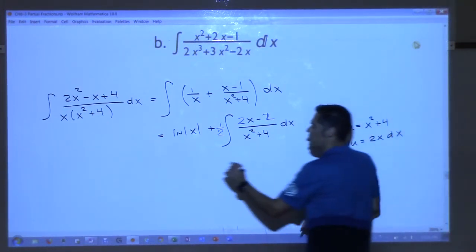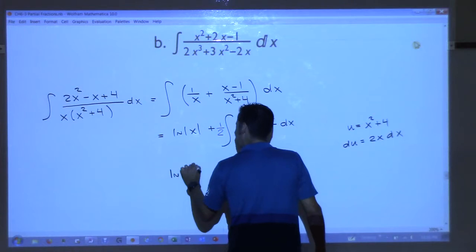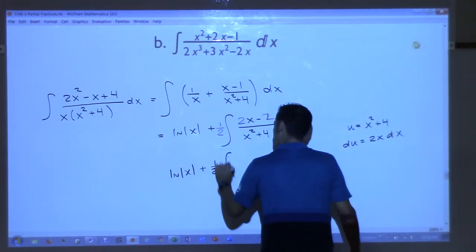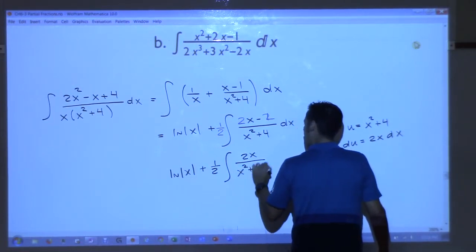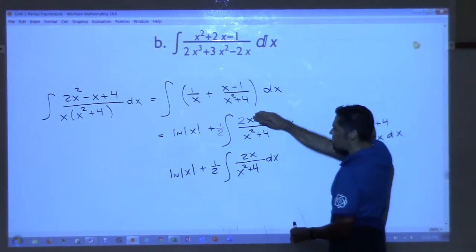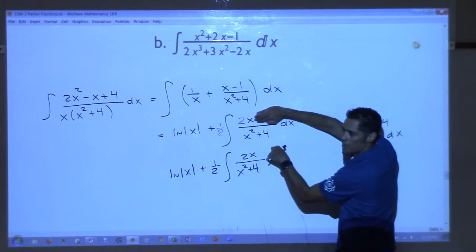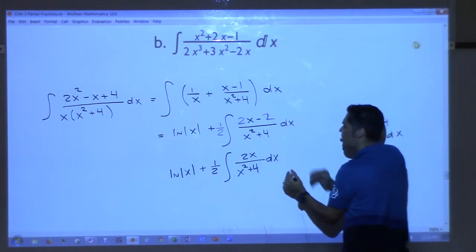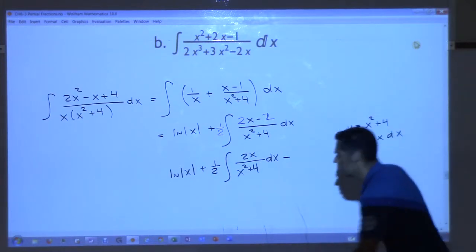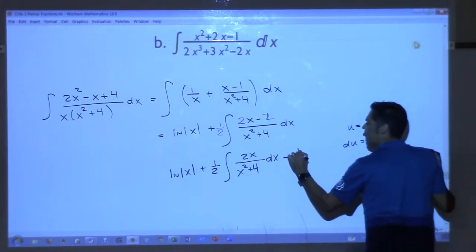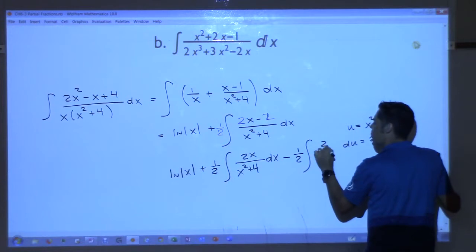If I split this into two integrals, one of them would be this. And then the other one, if I put it next to it, I have minus 1/2 and then 2 over x squared plus 4 dx.